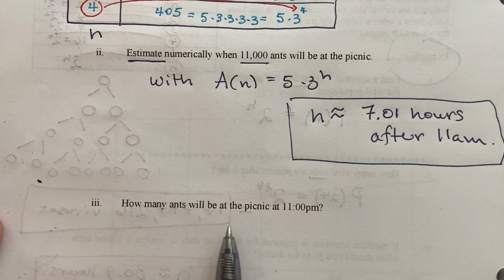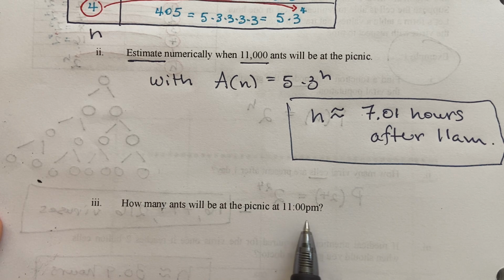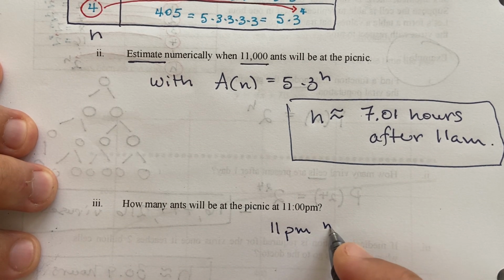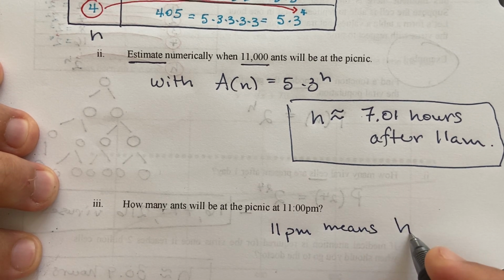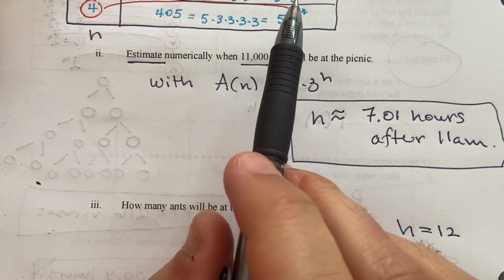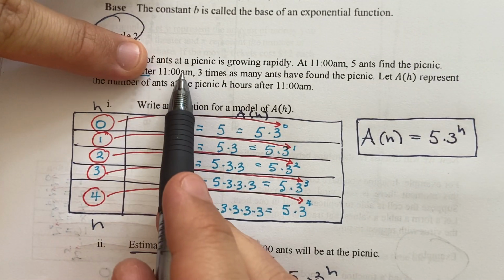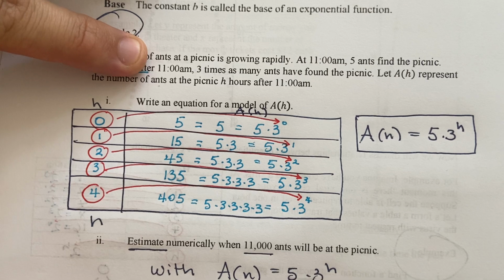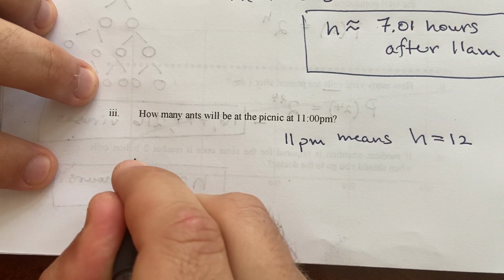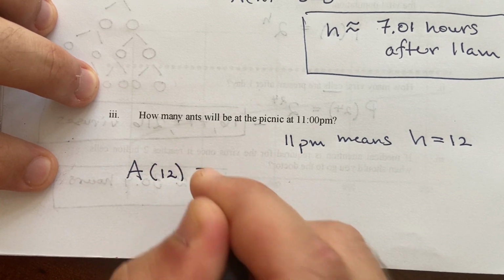Part 3, how many ants will be at the picnic at 11 p.m.? So 11 p.m. means h equals 12. Because for us, everything happens at 11 a.m. This is h equals 0 right here. So 11 p.m. would be 12 hours later. So I'm finding A of 12.